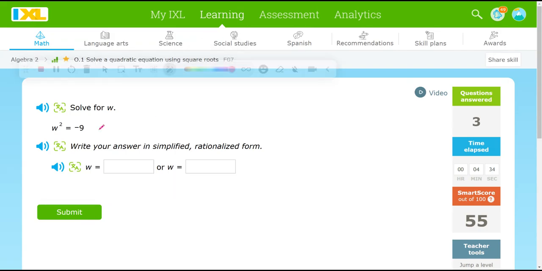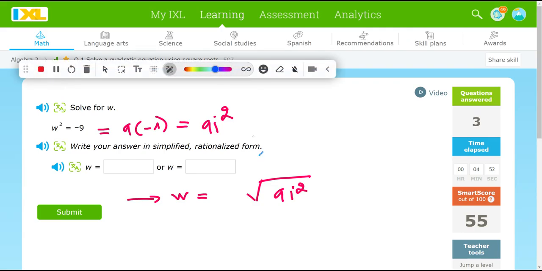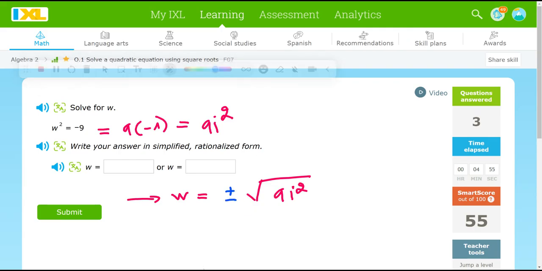Not a big deal. Negative 9, I put it as 9 times negative 1. And again, I substitute negative 1 by i squared. Now I'm ready to solve for w. So w should be equal to the square root of 9 i squared. Again, do not forget the plus minus sign, because you expect two imaginary solutions. Similarly, you know 9 is 3 squared, so the answer should be plus minus 3i.